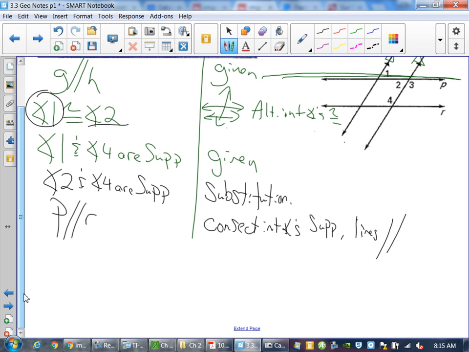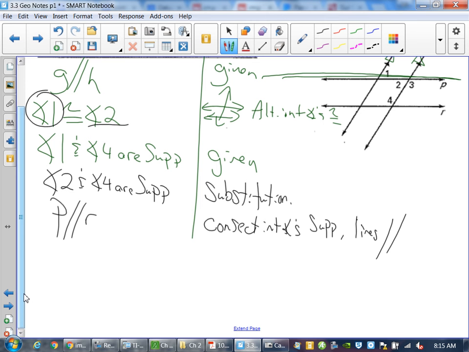Did you have a question on this one at all? Do you have to state the 1 and 2? Does that build to the 2 and 4? It does build to it. She went right from the 1 and 4 supplementary being given to 2 and 4 are also supplementary.